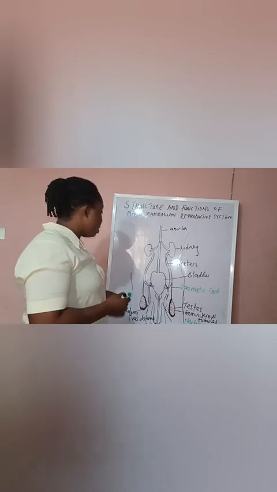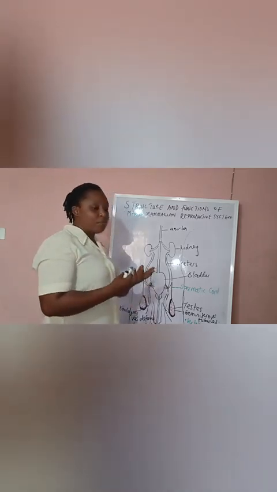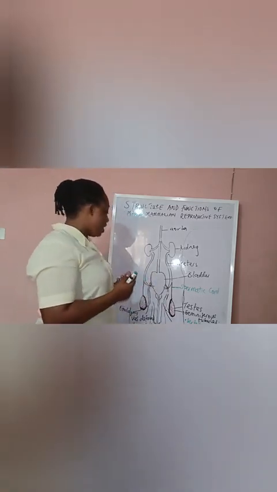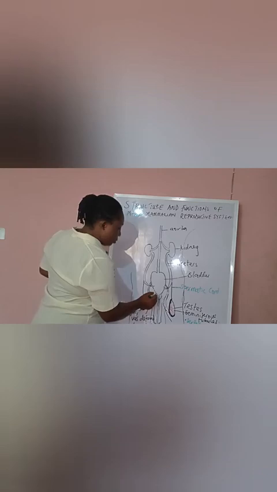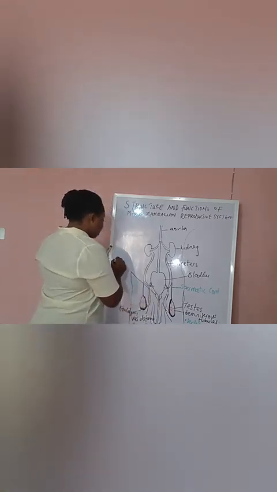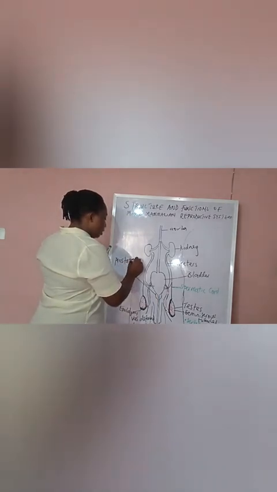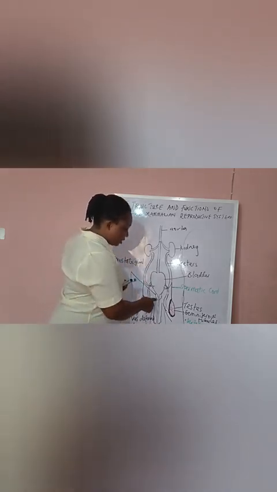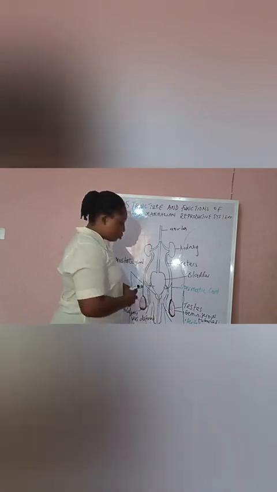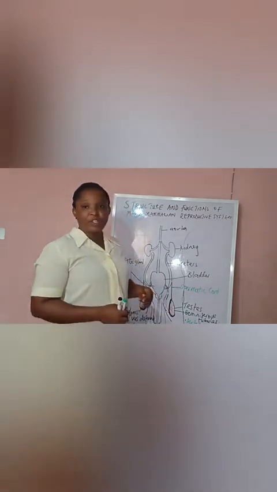From the seminal vesicle, the sperm are then taken to this organ here. You see this particular one called the prostate gland. The prostate is a small gland that has a lot of tubules that lead into the urethra.